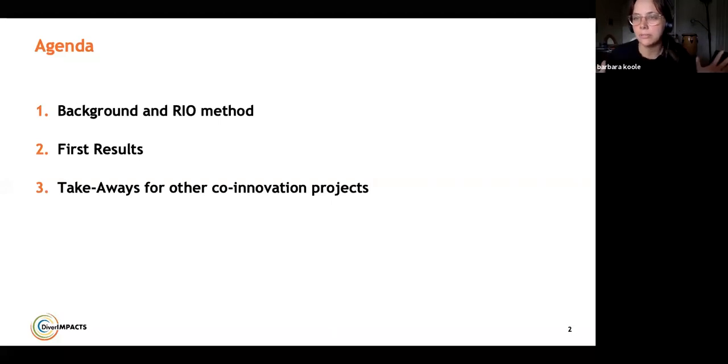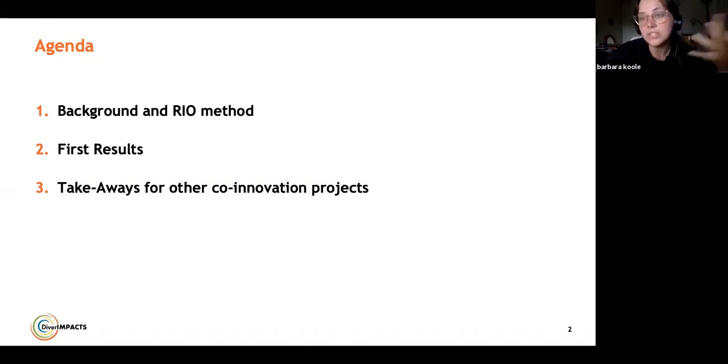Then I'll be sharing some first results. I'm doing a PhD by articles, with in total 4 articles, and I'll be discussing these first 2 articles, of which one was published last summer, in which I developed the research methodology, and by discussing that, I can also give you a bit more insight into what I've actually been doing.